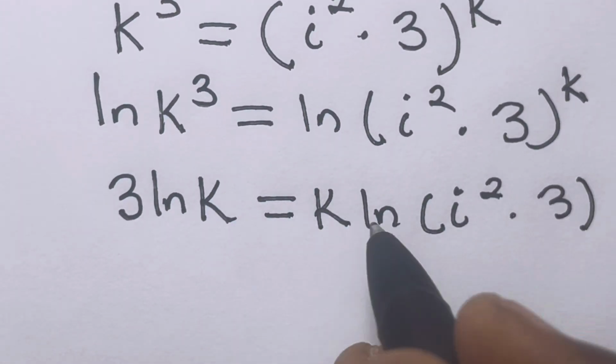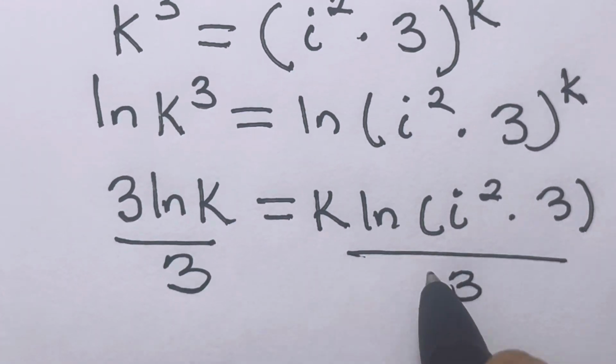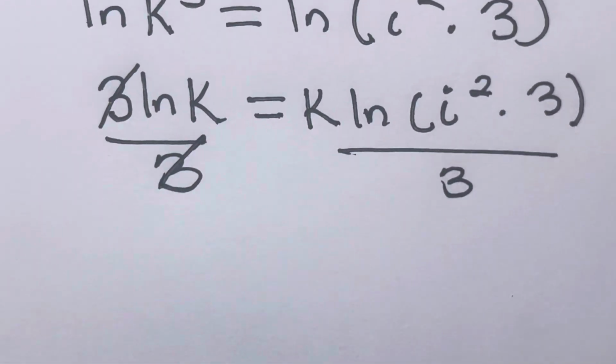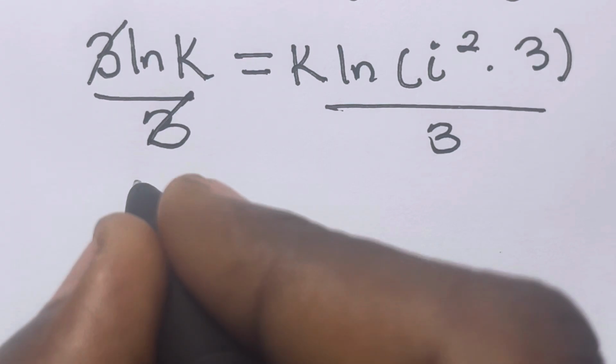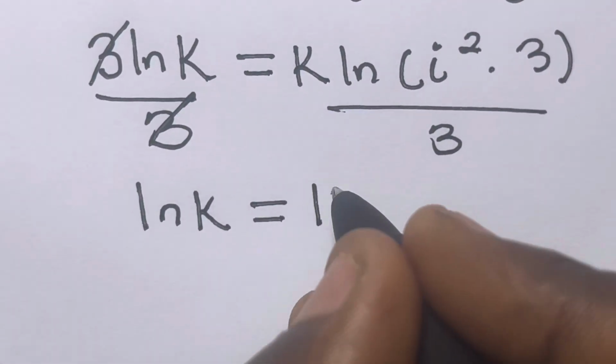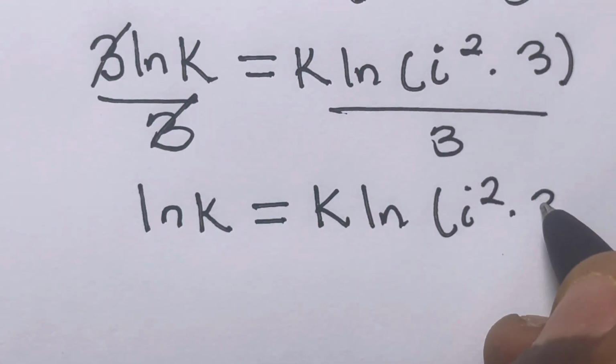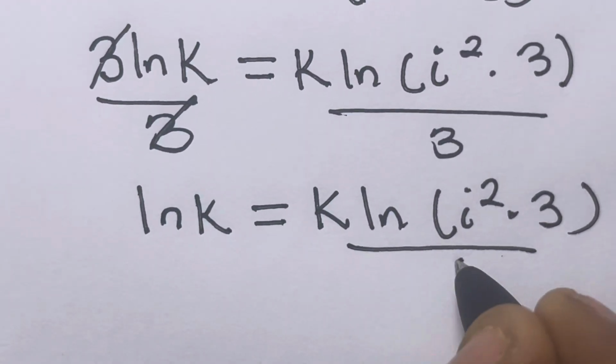So here now we can easily divide both sides by 3, and this we cancel. So we will have ln k equals k ln of minus 3 divided by 3.